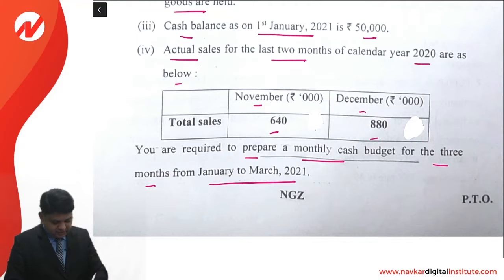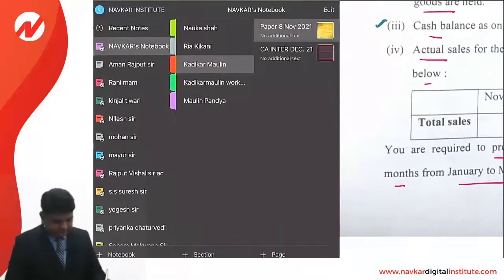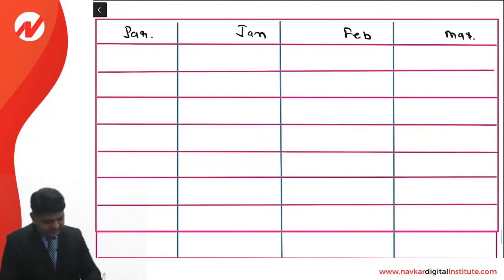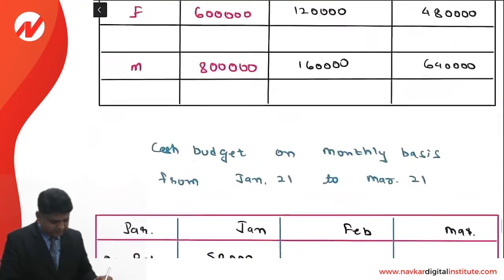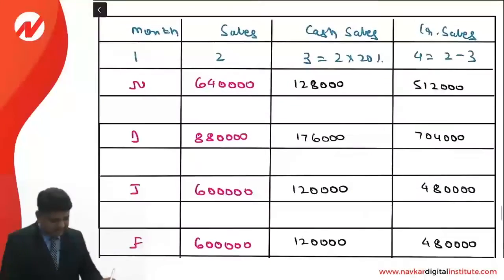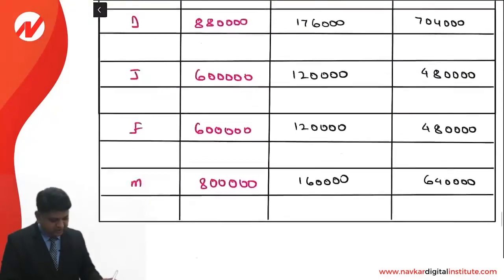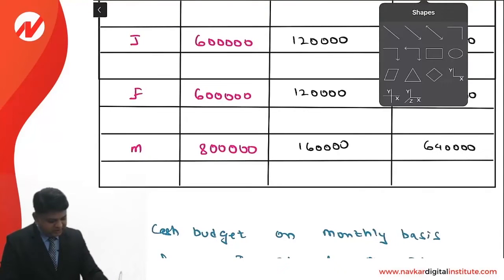So friends, over here the opening cash balance is given as 50,000. So we start with the opening balance, an amount of rupees 50,000. Then very simple, cash sales. On monthly basis, the amount of the cash sales we already have calculated. Of course, we will focus on January to March.